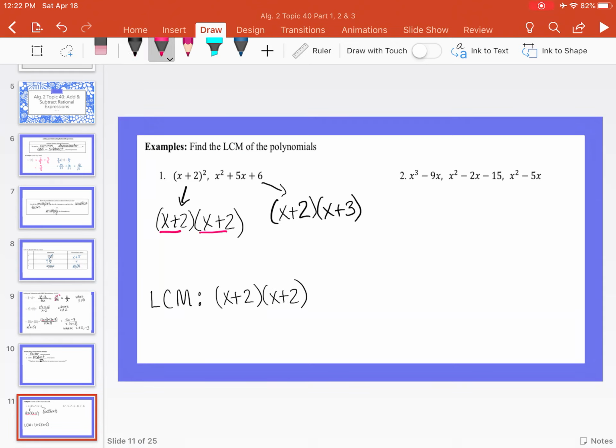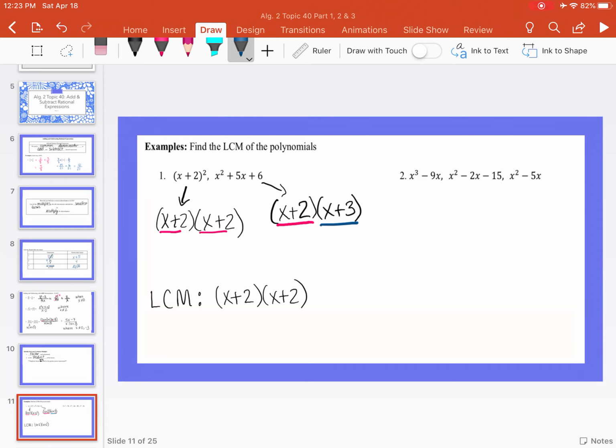Notice if we look at the second polynomial, we see it just once. However, because we need to use both polynomials in order to identify the least common multiple, because it occurs twice in the first polynomial, in our least common multiple, we need to see it twice. Now our second polynomial also has another factor that's not included in the first polynomial. We have x plus 3.